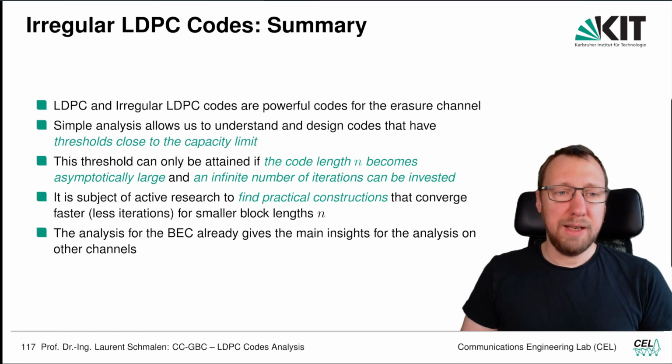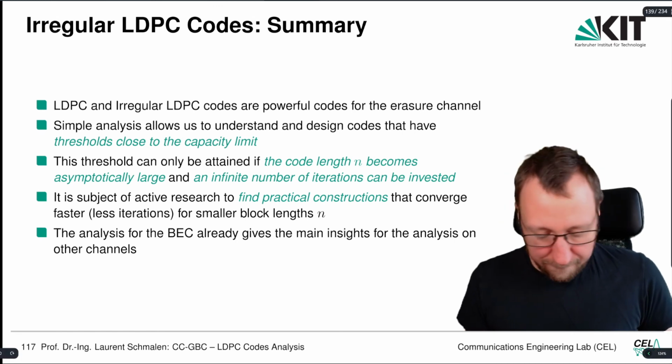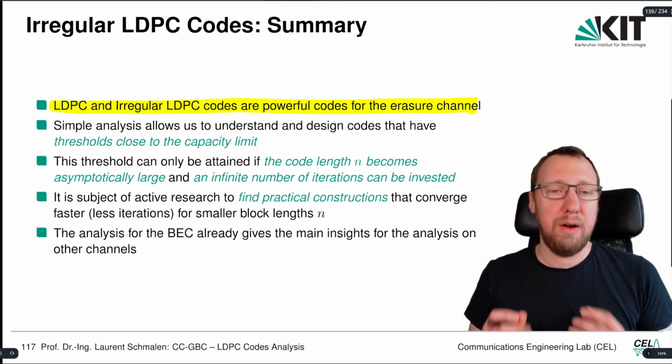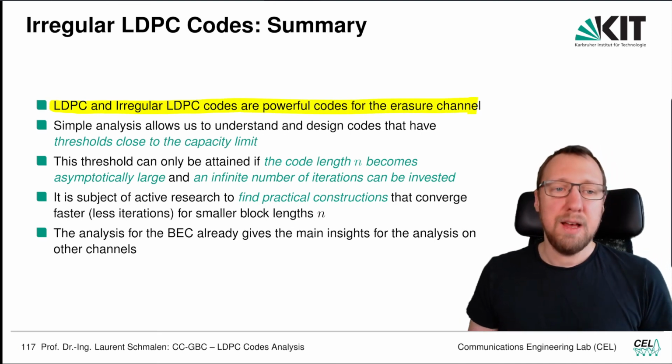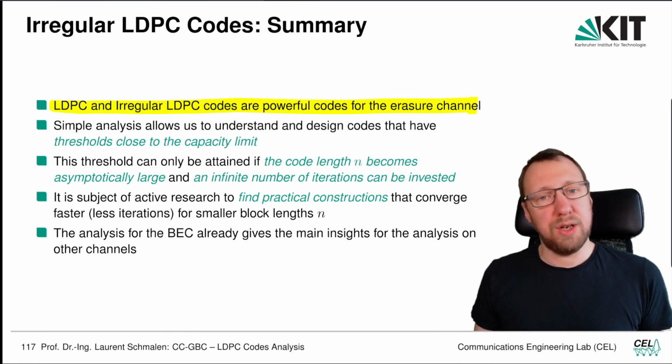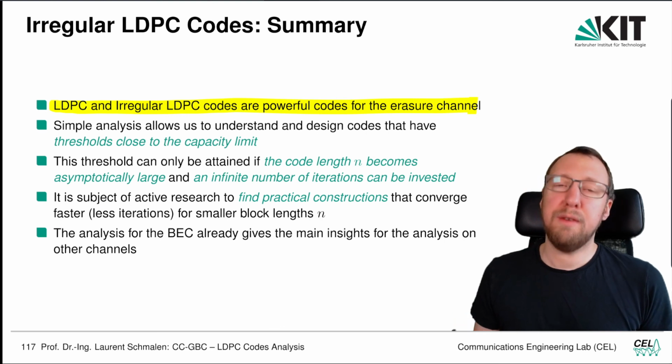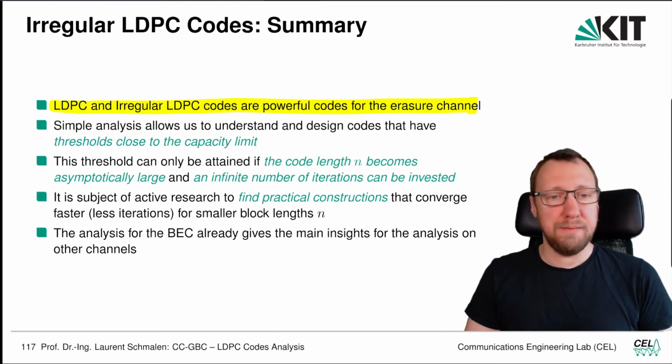So to summarize, on the erasure channel, we have irregular LDPC codes, and LDPC codes are very powerful codes. We have very simple analysis on the erasure channel that allows us to understand and design codes that have a threshold that's very, very close to the limits.